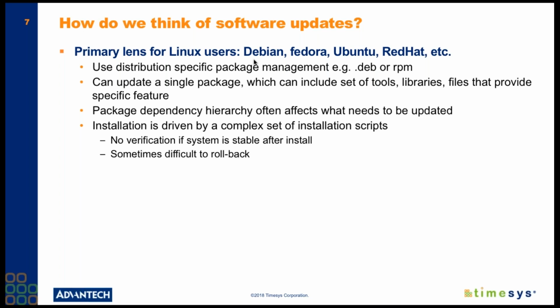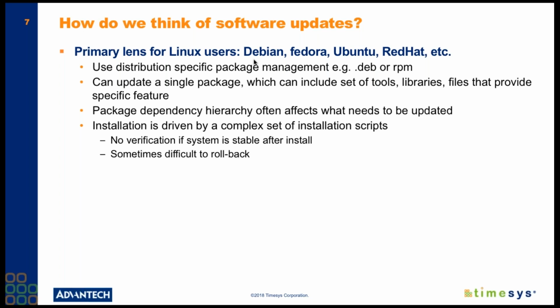The challenge with this approach is that there is a package dependency hierarchy. So when you update a specific package, the entire dependency tree gets updated, which pulls in more and more information, but it updates certain portions of your operating system.